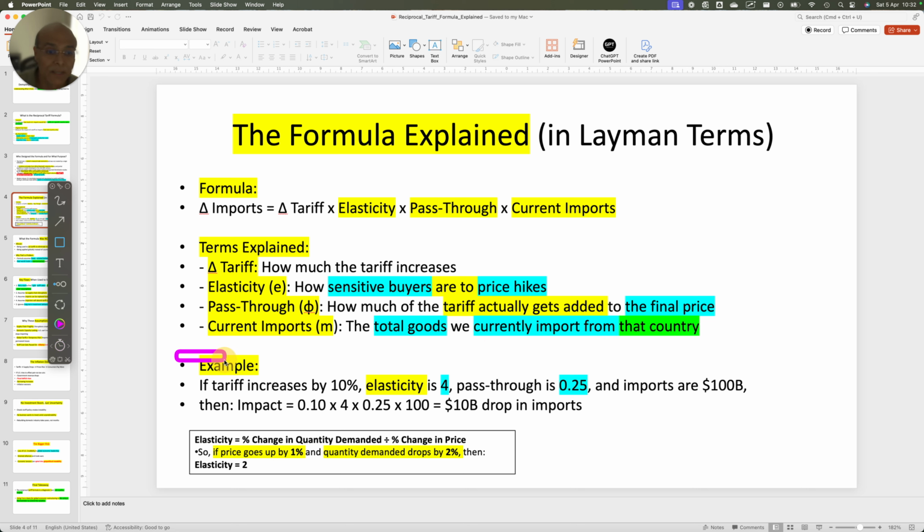For example, if the tariff increases by 10%, elasticity is 4, meaning a 4% decrease in demand for a 1% increase in price. Pass-through is 0.25, meaning the rest of the price increase has been absorbed by the importer. Then if imports are at 100 billion and you apply this formula, the import will drop by $10 billion, right? So this is, in net, how the formula is typically used.